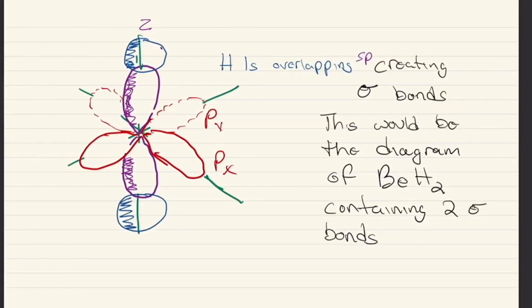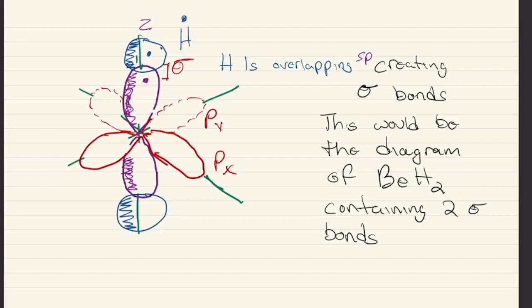So the hydrogen 1s, or that one electron, can potentially overlap and create bonding head on with the sp hybridization, and we end up with, yep, you guessed it, another sigma bond.